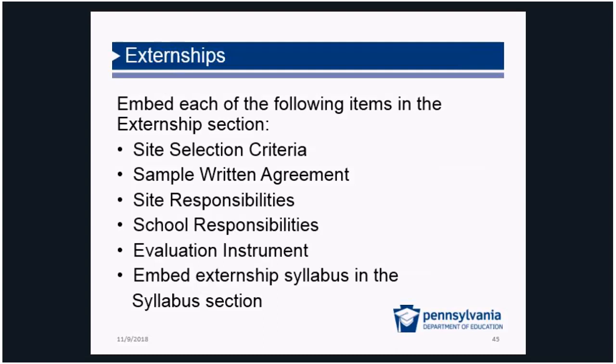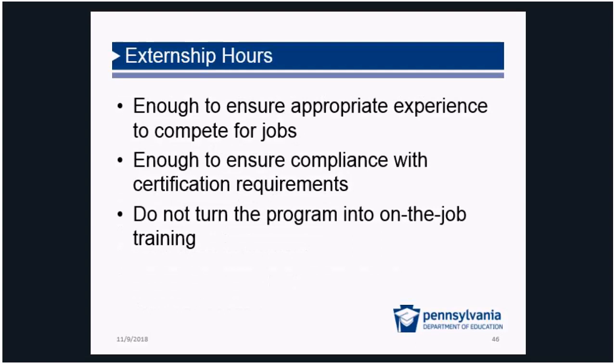For externships, there are 6 documents that are required. You must include a document that demonstrates the criteria you will use to select externship sites, a sample written agreement that you will complete with each externship site, a list of the responsibilities that the site will have, a list of the responsibilities that the school will have, and the evaluation rubric that you will give to the externship site to evaluate each of your extern students.